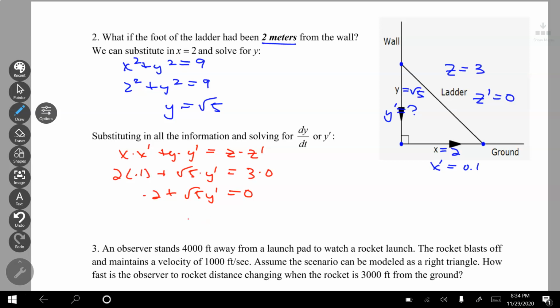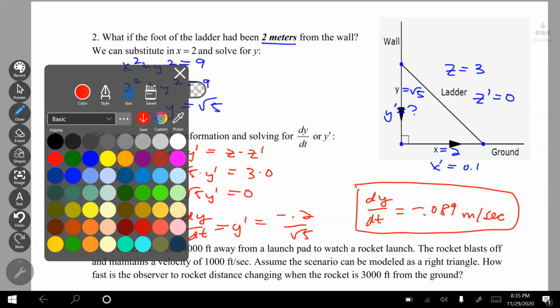Or I bring it over, I get my dy over dt, which is my y prime, is equal to negative 0.2 over the square root of 5. And I put that into my calculator. I get negative 0.089 meters per second.